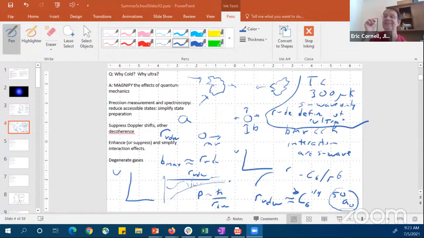That's the thing that falls off the slowest at long range, which is why I mentioned it. But you can construct potentials of all other kinds. You'll derive all this in the next lecture. Excellent. Thank you, Antoine. Okay, good.